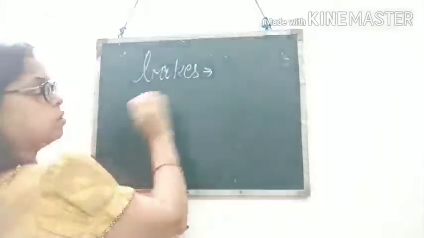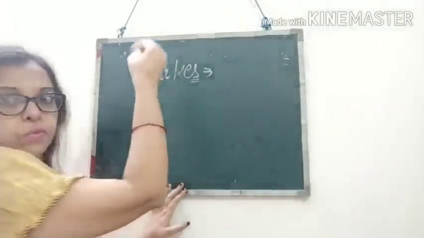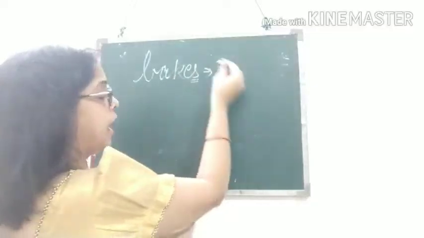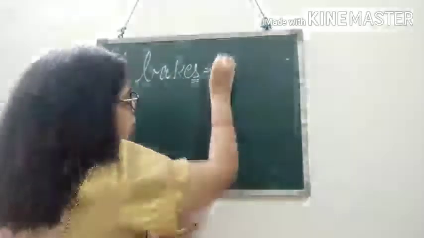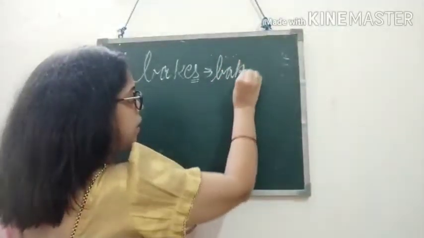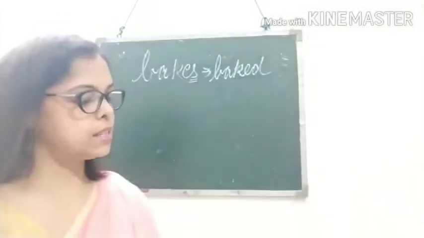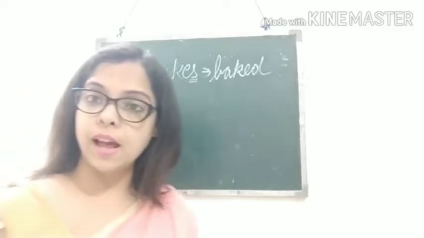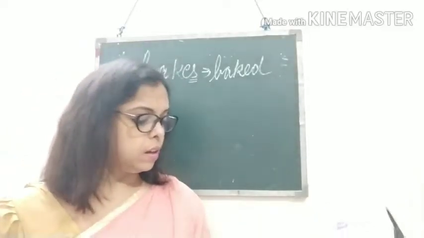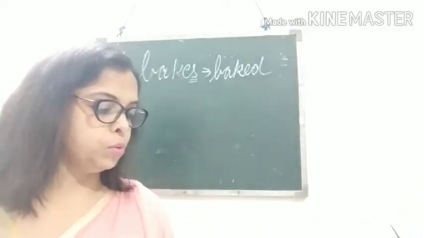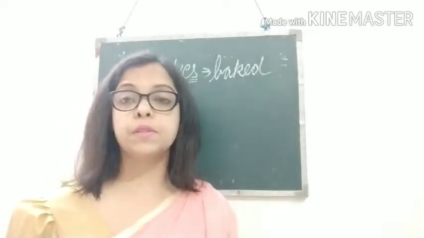B-A-K-E-S. Bakes. So it is ending with S. We remove S and we add D to it. B-A-K-E-D. It becomes baked. Next is likes. Likes becomes liked. Karan never misses his music lessons. So misses becomes missed.